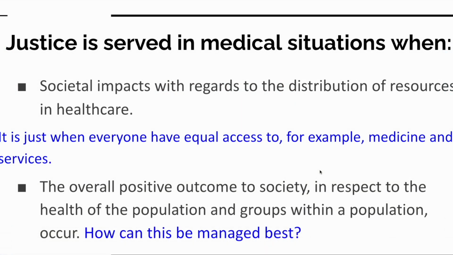Justice is served in medical situations when we consider the societal impacts with regard to the distribution of resources in healthcare. It is just when everyone has equal access, for example, to medicine and services. The overall positive outcome to society in respect to the health of the population and groups within the population occurs.